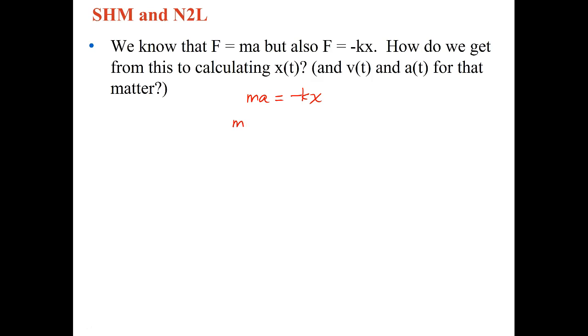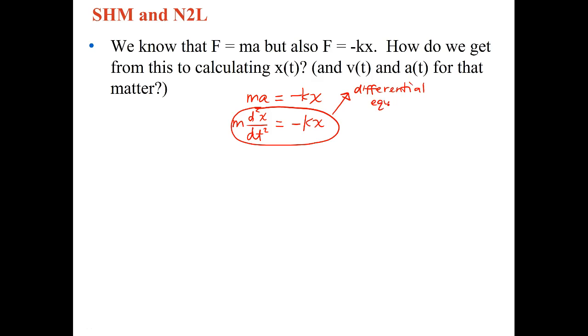It's actually a second derivative, the second derivative of position with respect to time. So we went over that in the linear motion unit. That's equal to negative kx. And this equation right here is a special kind of equation. This is called a differential equation.